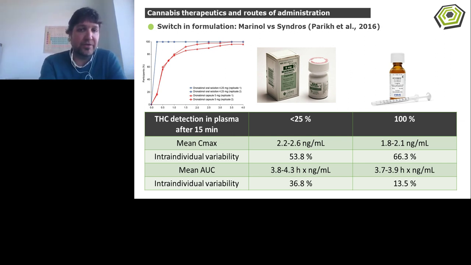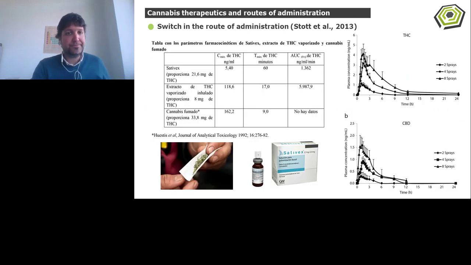Also, the intra-individual variability is reduced in the case of Syndros compared to Marinol. You see here 13.5 versus 36, almost half.